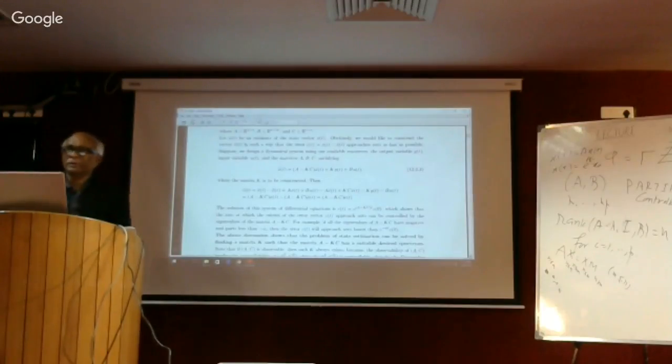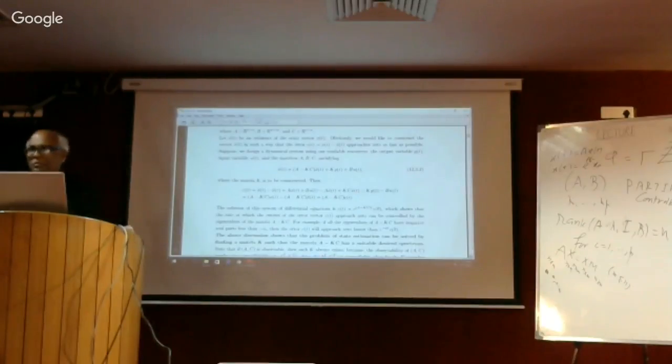But here, remember, we are not working with the matrices A and B, we are working with the matrices A and C. So here, the closed loop system is not A minus BF, it is A minus KC. The same algorithm applies, you just have to take the transpose, and instead of B, you have to take C. And we need the assumption, remember, of controllability of AB. Here we need the assumption of the observability of AC.